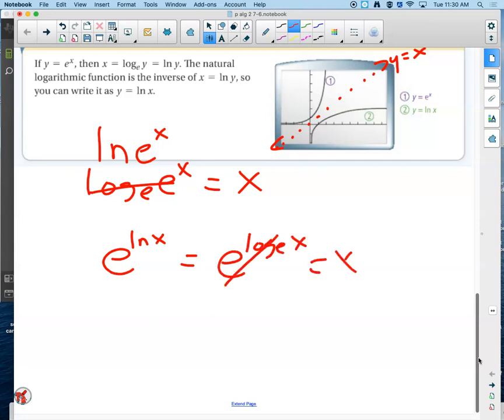These two cancel out, and we get x. So they're reminding us, even though it looks a little different, ln has a base of e, so it's going to undo e to a power. And again, logarithms are like perfect inverses. They just disappear. So we don't want to forget that piece.